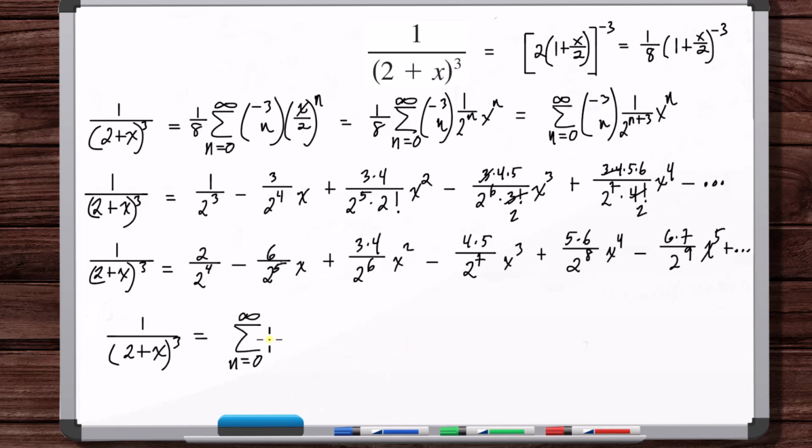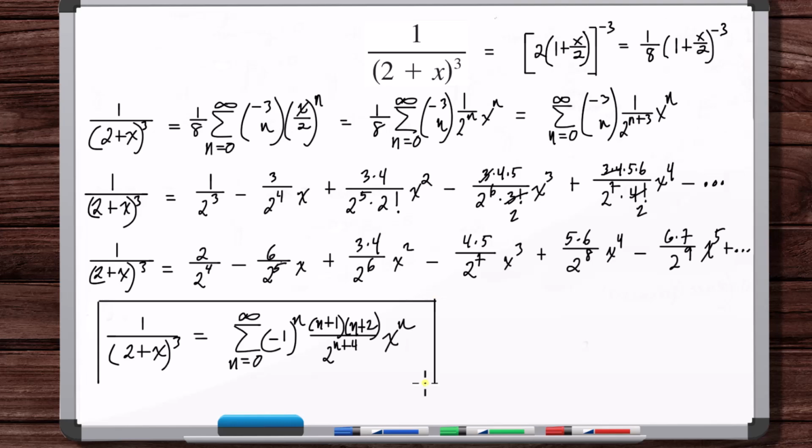We've got the alternating term first. That's going to be minus 1 to the n, because we start positive. And then in the denominator, we'll have 2 to the n plus 4. And then in the numerator, we'll have n plus 1 times n plus 2. And then 2, then x to the n. And then there we go. Cool.